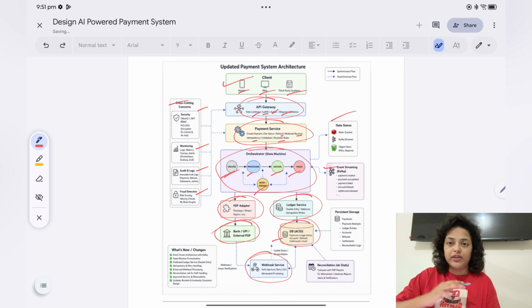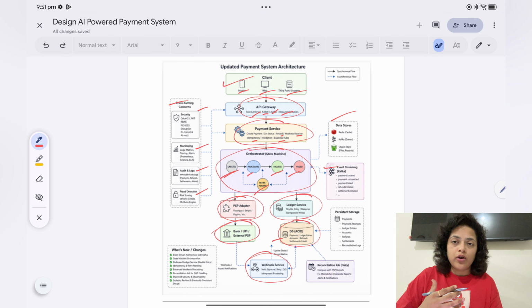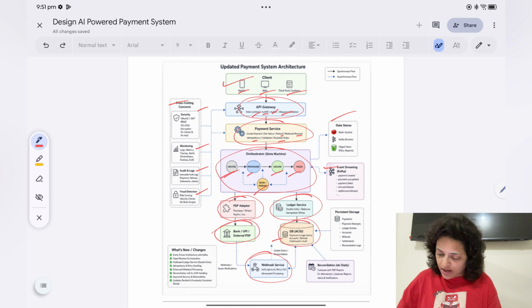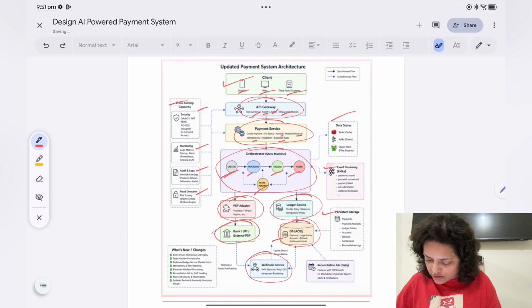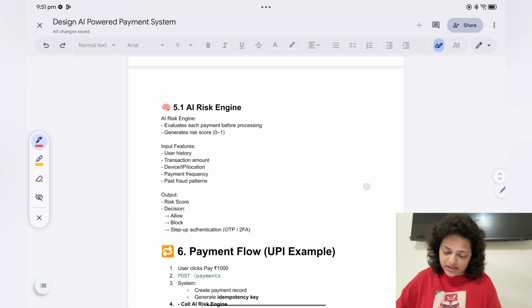If hundreds of thousands of transactions are happening, you cannot handle them without a messaging queue, right? So we have to use a messaging queue for async communication, and then persistent storage you will be using here. So this is the overall flow architecture of this system.